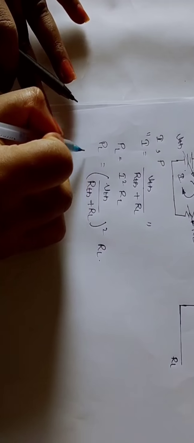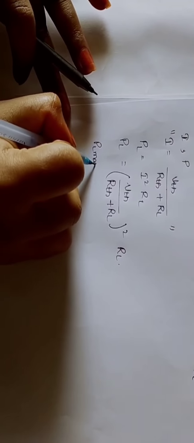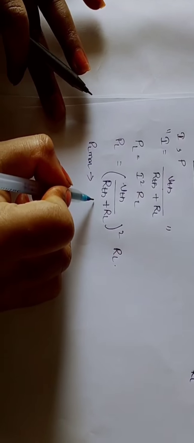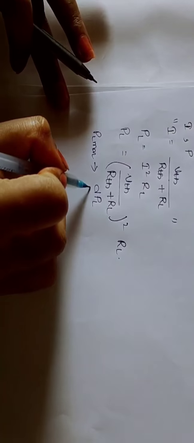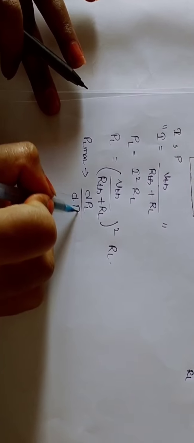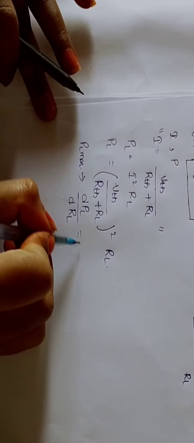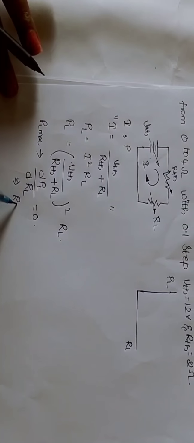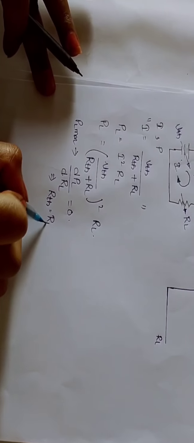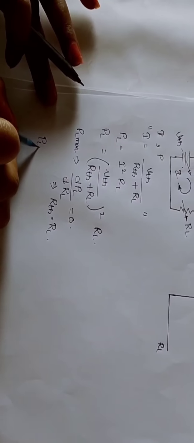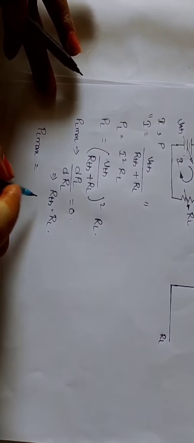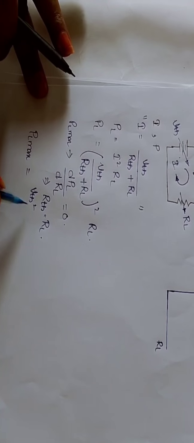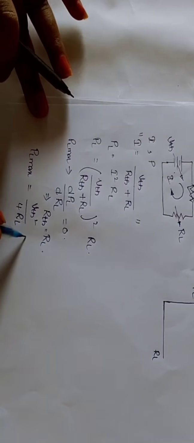For getting anything to a maximum, we have to differentiate it. So we differentiate PL with respect to RL and equate it to 0. Then it gives RThevenin equals RL. Maximum power transferred is VThevenin square by 4 RL.